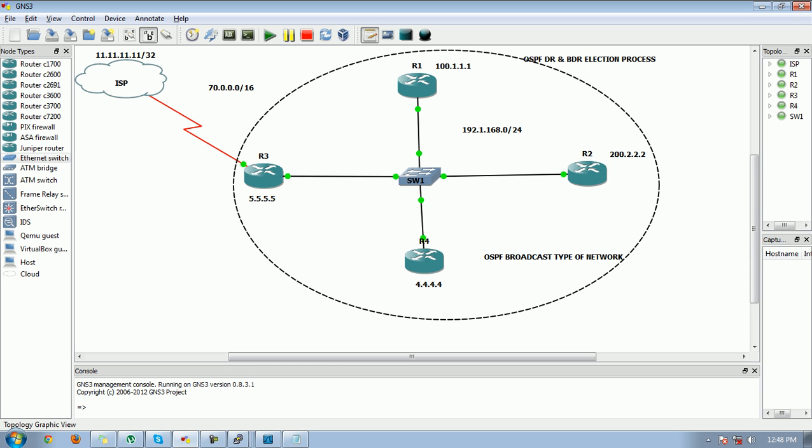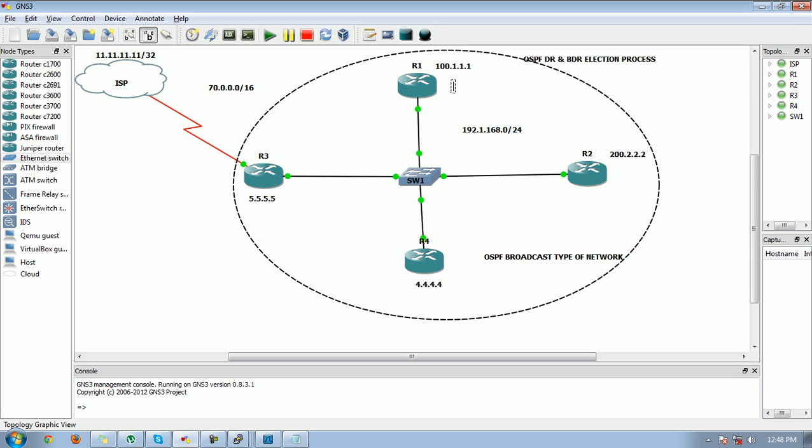Why am I selecting lower addresses? Because I want to show you that even if your physical interface or loopback interface has a higher address compared to your router ID, it will give first preference to your router ID. So it will select the best among your router ID commands.